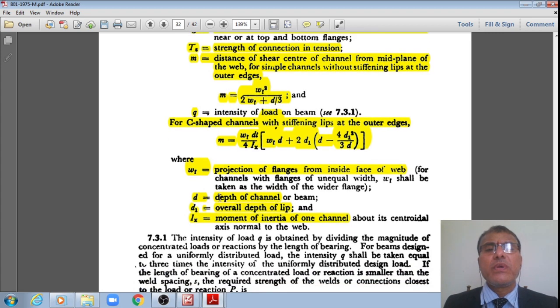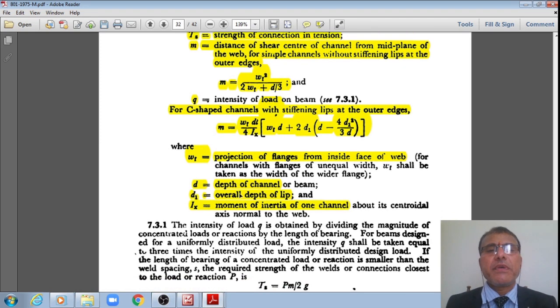Where WF is the projection of the flange from the inside face of the web, right? And D is the depth of the channel section, and D1 is the overall depth of the lip, right?